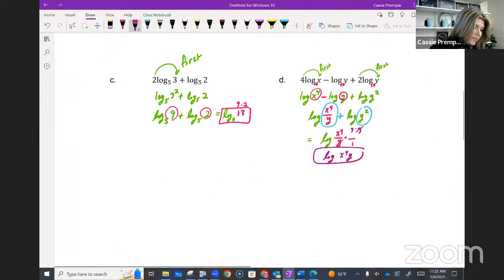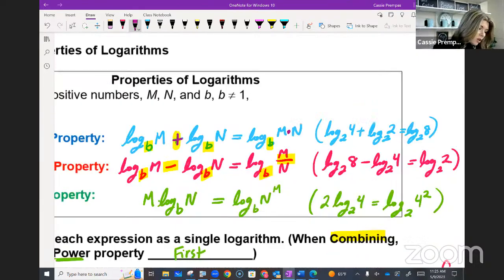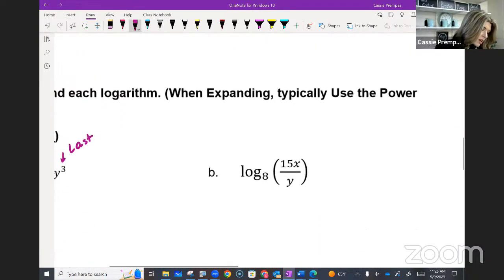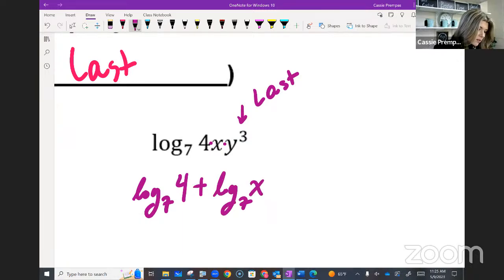Yeah, plus. If we go back to that property, when 2 pieces have been multiplied, we're going kind of backwards now. We're going to put a plus sign in between those. So I'm going to go ahead and separate those with plus signs. So I would have log base 7 of 4 plus log base 7 of x.